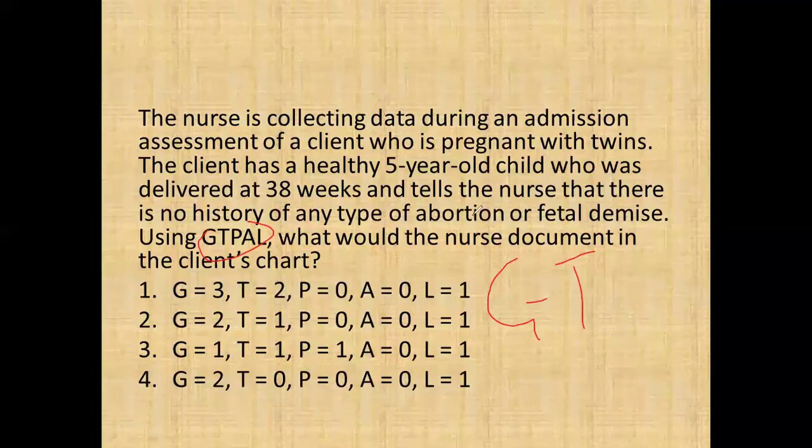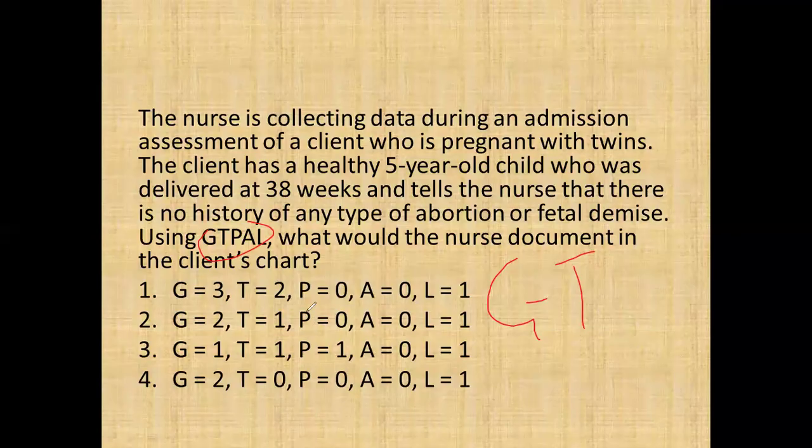Then the question goes ahead to say that the 5-year-old was delivered at 38 weeks. After 37, we say it is term gestation. And so that means that the term is 1 because this 5-year-old was delivered at 38 weeks. It says the client has no history of any type of abortion, so A will be 0.